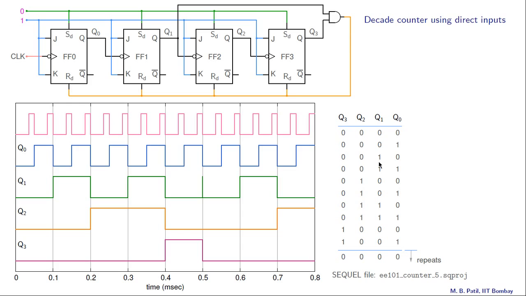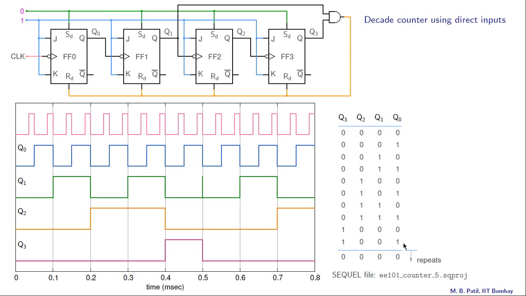Again Q3 ANDed with Q1 is 0 and we go to the next state, and so on. So this continues. And what is the condition for the output of this gate to become 1? That is Q3 equal to 1 and Q1 equal to 1, and that does not happen anywhere here.